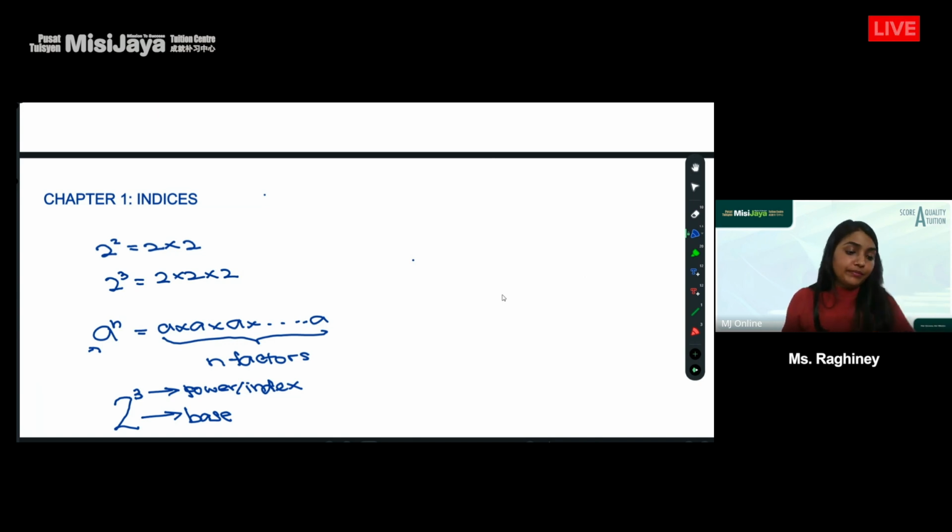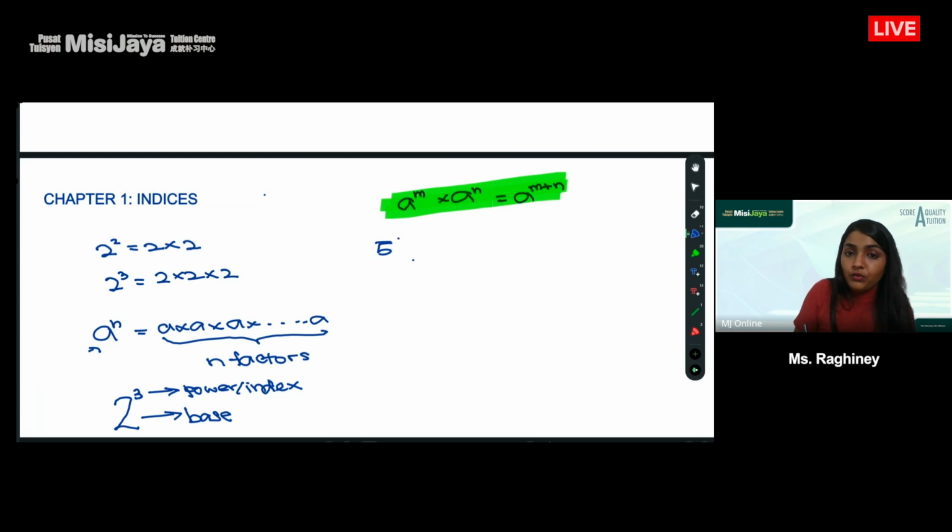The first one: a to the power m times a to the power n equals a to the power m plus n. Okay. This is one of the laws that you need to know. Now let's see this in action, okay?